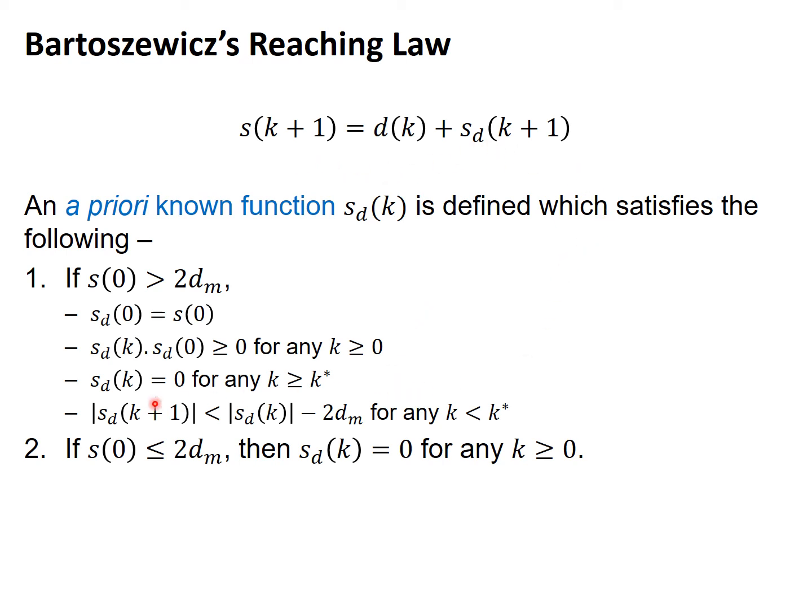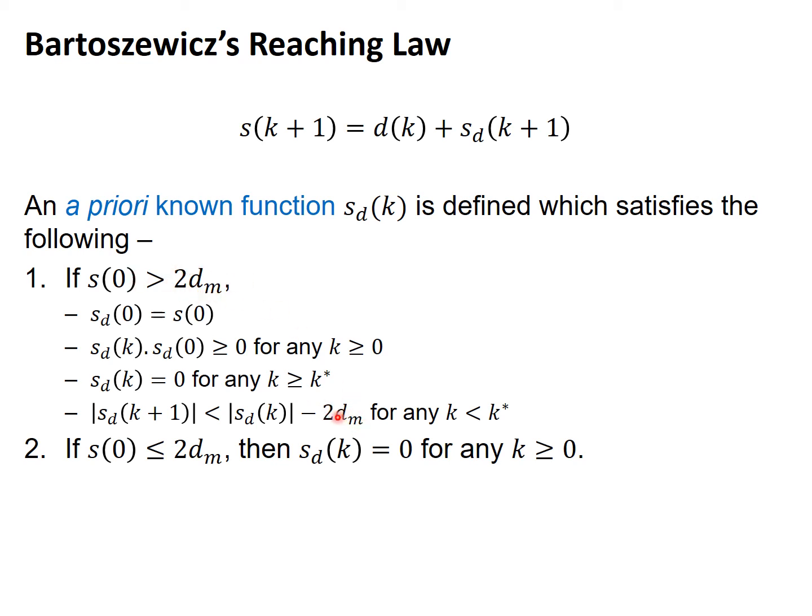And how it is coming towards 0, that is also specified. He is saying that let us decrease this SDK, this a priori function, so that at each instant it is decreasing by 2 dm. This 2 dm is the same as this 2 dm.